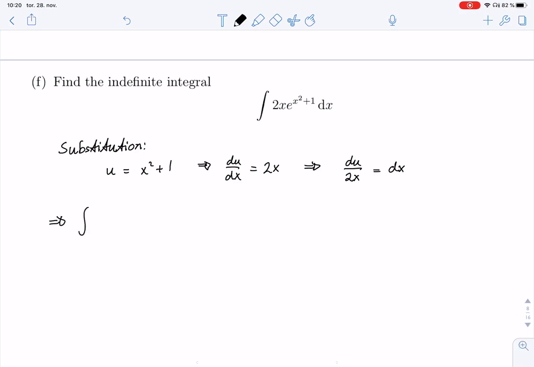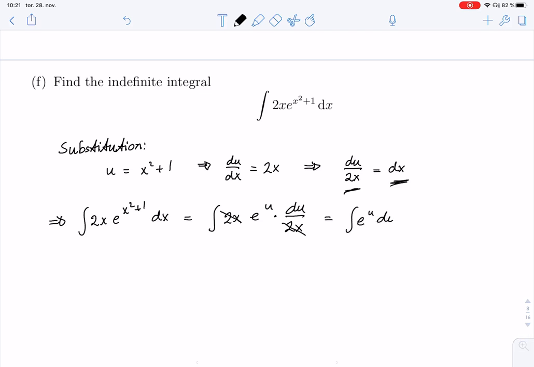So your integral would be this. We keep the 2x, we substitute x squared plus 1 for u, and we substitute our dx for du over 2x, which is nice because then we can cancel the 2x's.